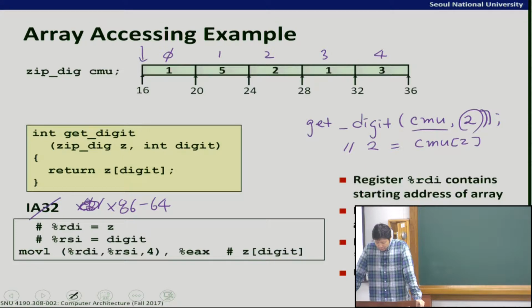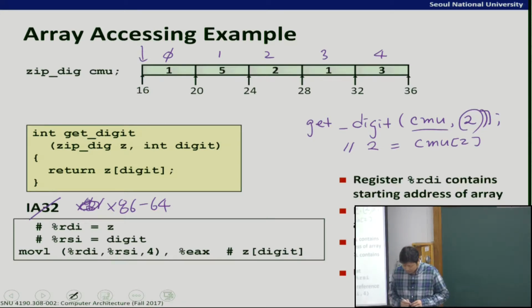In get digit, the first argument is passed through the RDI register, and the second argument is passed through the RSI register. The first register, RDI, contains the starting address of the array, in this case CMU maybe. And the second register, RSI, contains the array index.